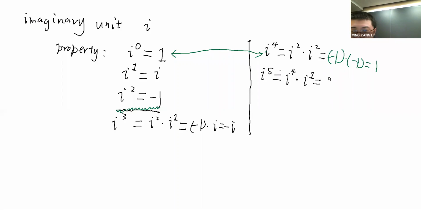We already know I to the power of 4 equals 1, so this is 1 times I to the power of 1, which is I. And this is the same as here: I to the power of 5 decomposes as I to the power of 4 times I to the power of 1, but I to the power of 4 equals 1, so the 1 in the multiplication means nothing. So basically it's the same as I to the power of 1.